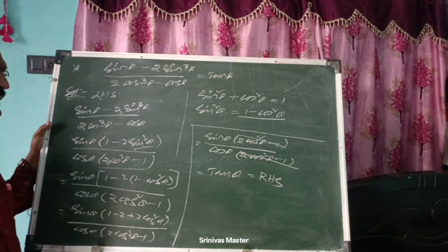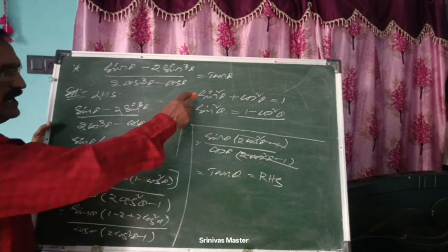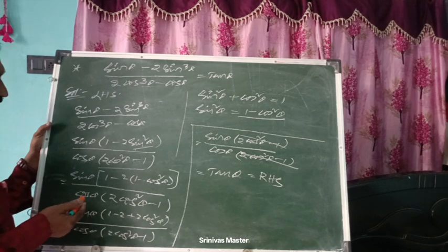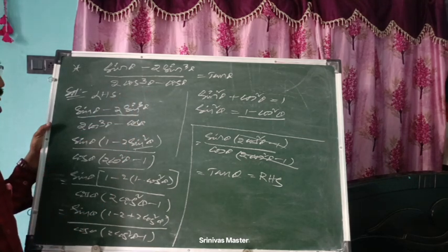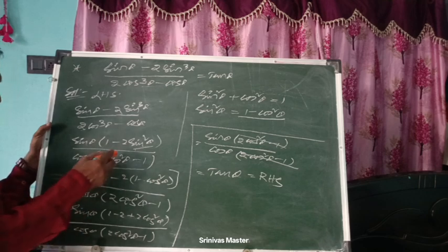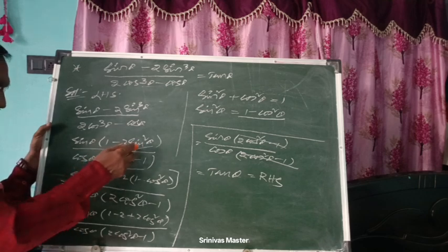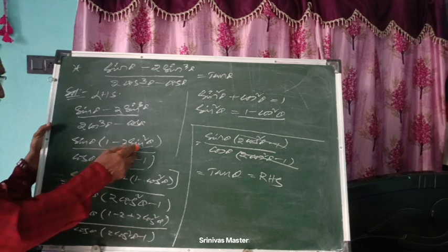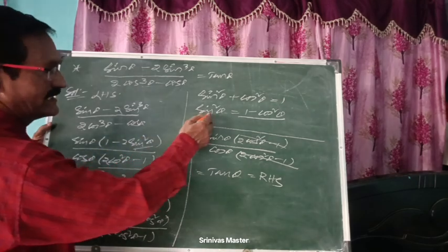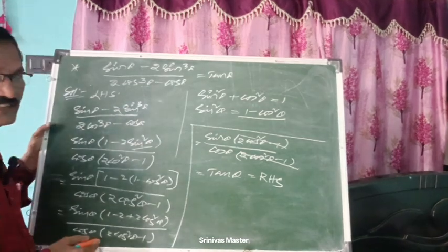So here we applied only the trigonometric identity. Only the first identity you are applying, because in terms of sin and cos that is the identity. Be careful, remember that you can eliminate either sin square theta or cos square theta, only one thing. If you want to eliminate sin square theta, you take sin square theta equals 1 minus cos square theta.